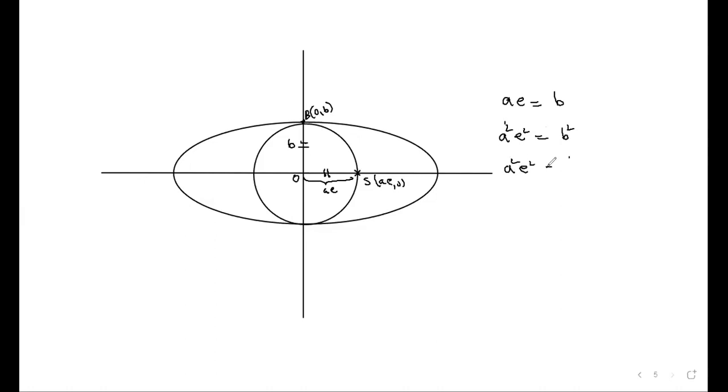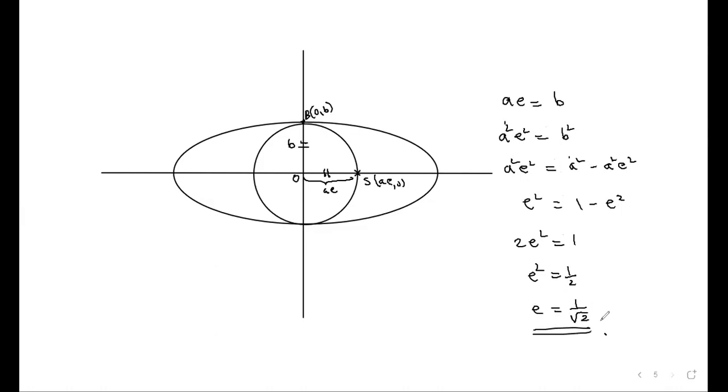A square E square equals A square minus A square E square. A square cancels. So 2E square is 1, E square is 1 by 2, so E is 1 by root 2. Very simple thing, but they ask questions in such a way that you have to visualize. Basically, they are checking whether you can visualize an answer.